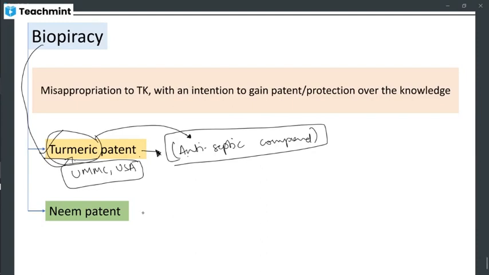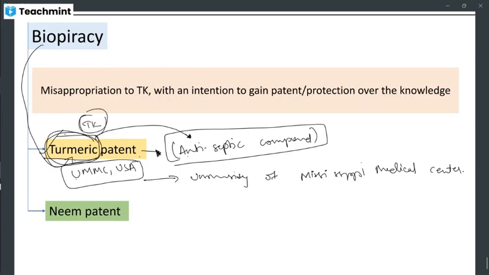right? So the University of Mississippi Medical Center, note it down, has claimed a patent on the turmeric traditional knowledge.